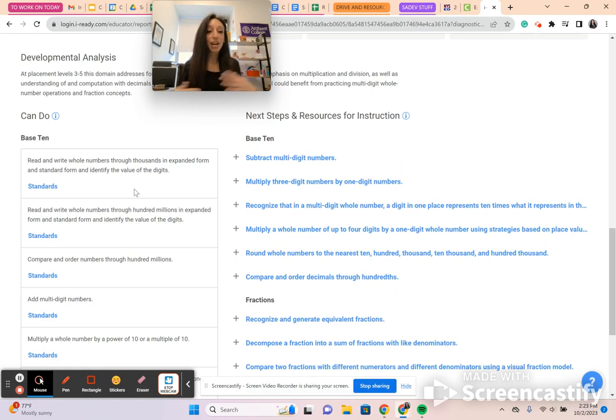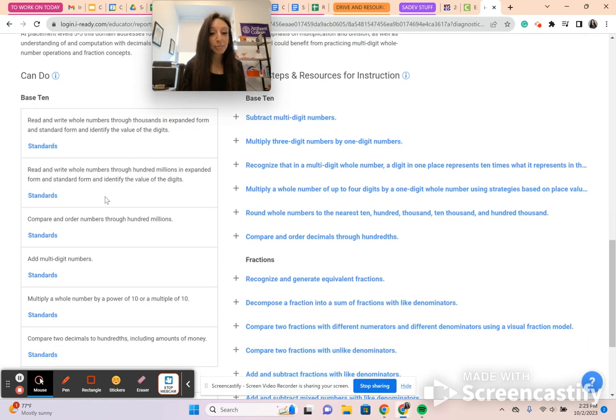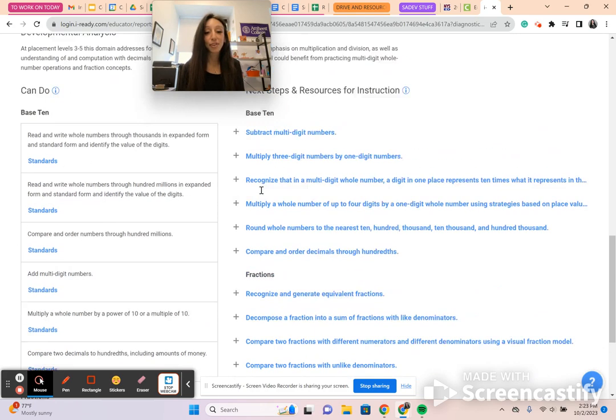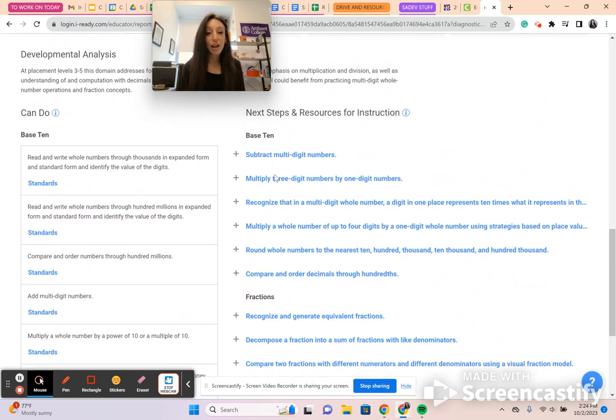So Angel does not need a small group lesson on place value, right? On just any kind of digits, multiplying a whole number by a power of 10 or a multiple of 10, that's huge. So being able to do that is a great foundation for Angel to hit these next skills under base 10 operations.